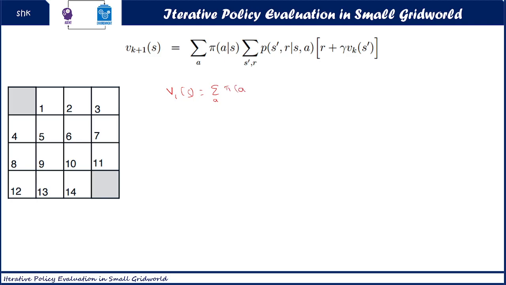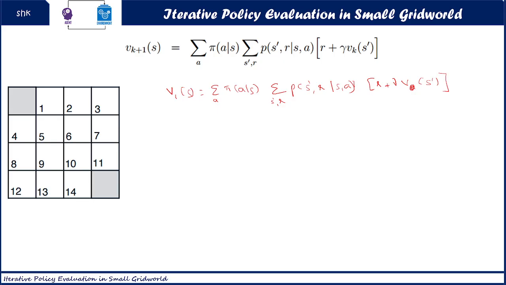So pi of A given S, summation over S dash comma R of the probability of transition to S dash for action A with a reward of R, reward plus gamma, that is the discount factor, times the previous value. In this case, as k plus 1 is equal to 1, k is 0, so V0 of S dash.